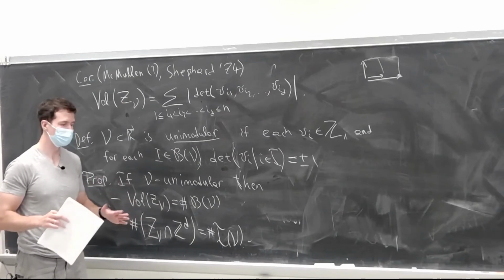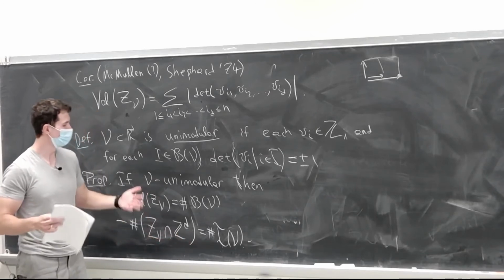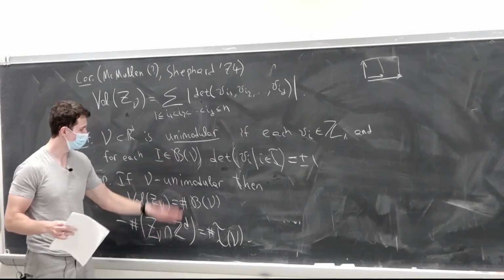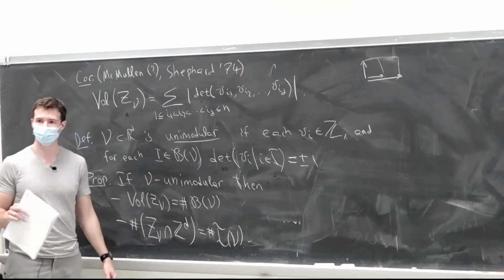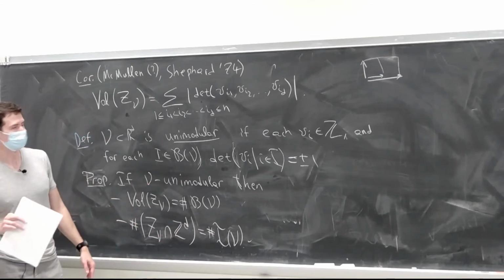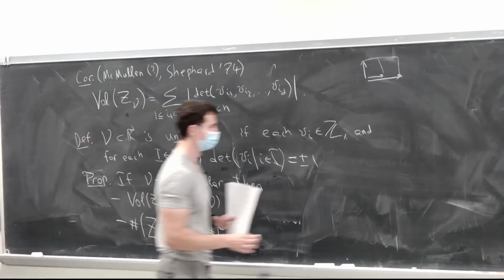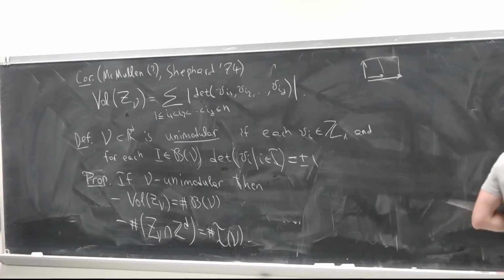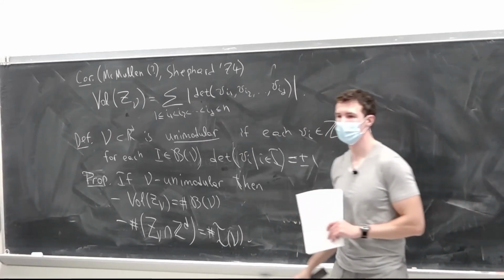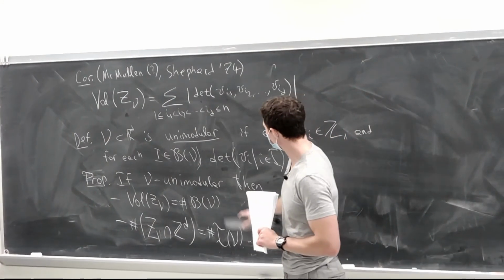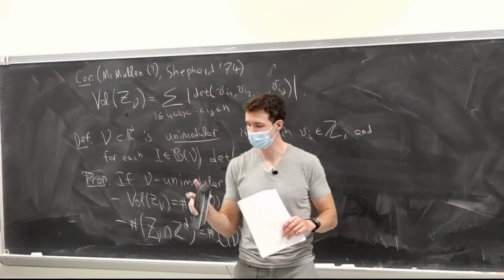So for any fine zonotopal tiling, its vertices are contained inside this set, but actually the claim is that if it's unimodular, then you get all lattice points as vertices of any fine zonotopal tiling. Yeah, if it's unimodular, you never get a lattice point inside a fine tile.